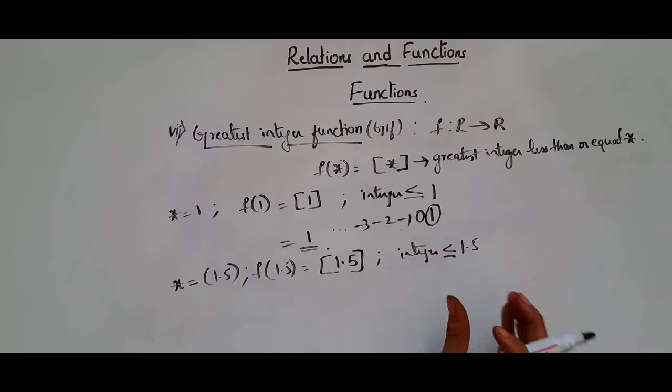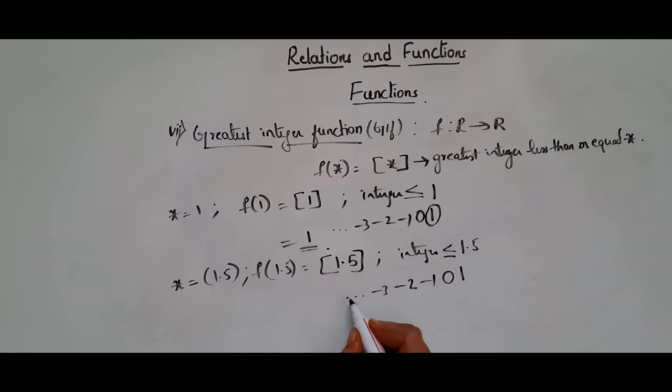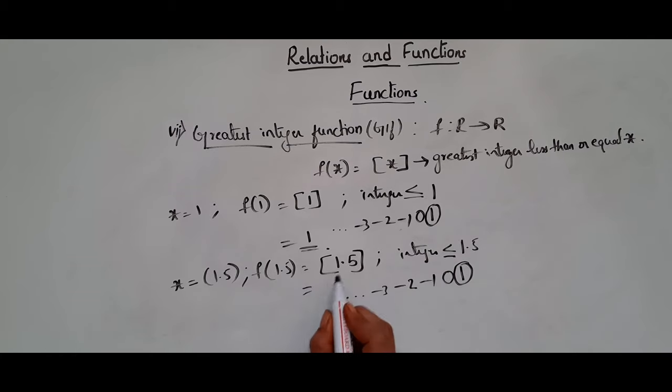Integers will not come in points. So only integers that are less than 1.5: we have 1, 0, -1, -2, -3 and so on. Among these, which is greatest? 1 is the greatest, right? So the value of f of 1.5 is also 1.